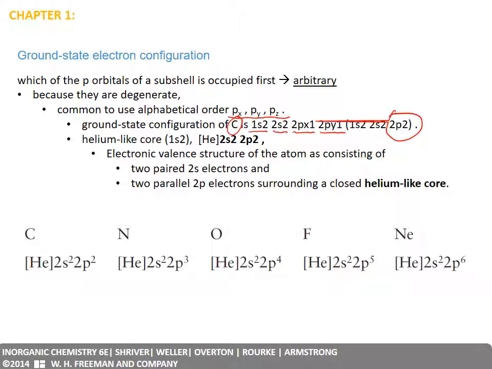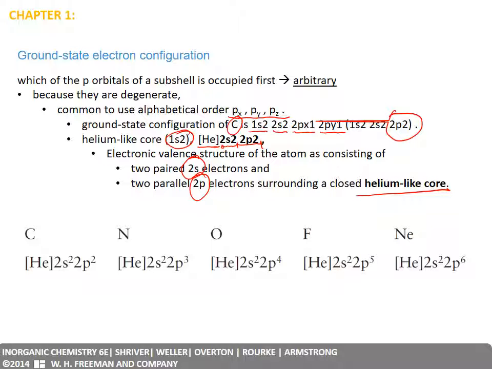Now carbon has a helium core, which is 1s2, and then we have 2s2 and 2p2, which we can represent as valence electrons, right? 2 electrons in s and 2 electrons in p surrounding the helium core.